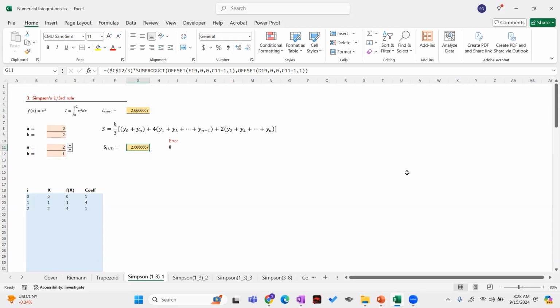There is a question coming in: if Simpson's approach is a good approximation, why can Riemann sums not be solved? That's what I have heard. No, Riemann sum can be solved. It's just the rectangle area that we looked at, right? You can solve it. It's very simple. Maybe you are confusing it with another one called the Riemann hypothesis, which is an unsolved problem in mathematics. If you solve it, you'll get $1 million.